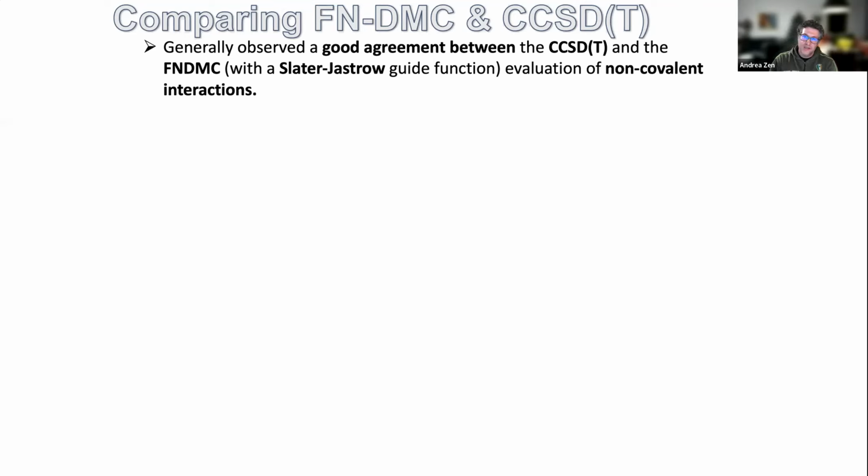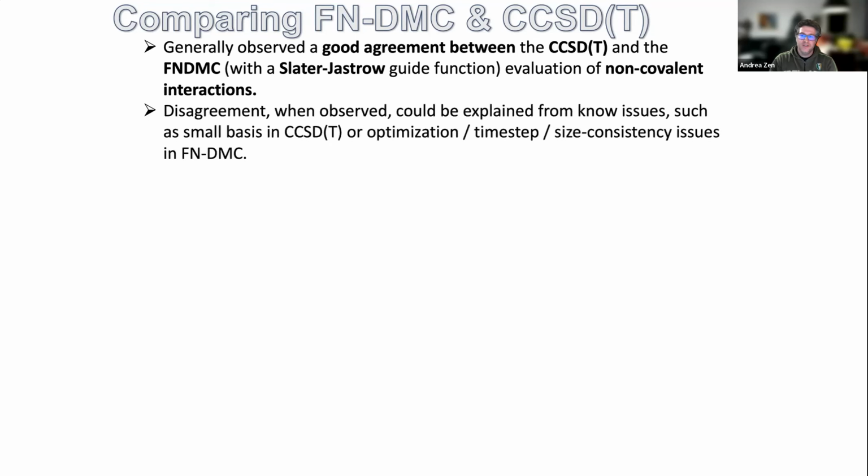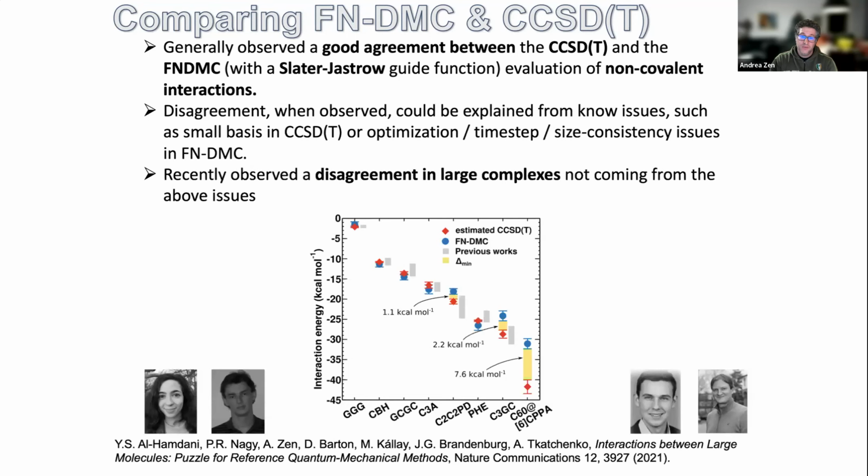However, recently we discovered that there are at least some systems where this seems to be not the case. I'm referring to this work where I was involved, but the main calculations were done by Yasmin Aldani and Peter Nagy.